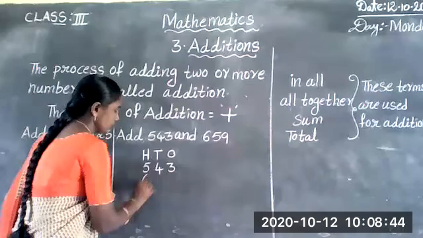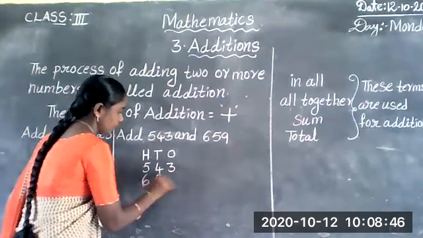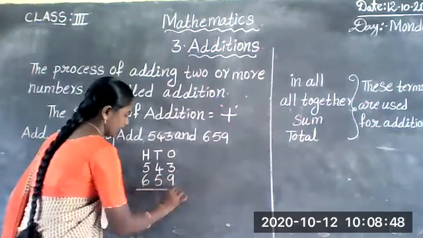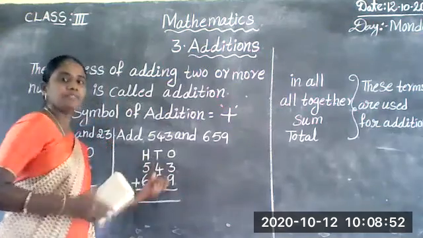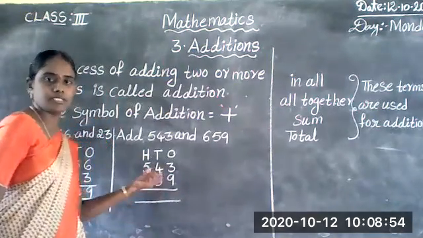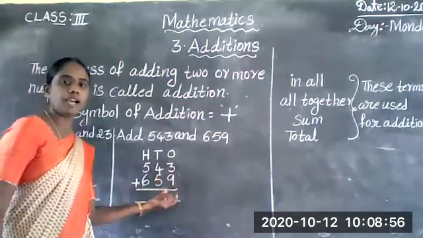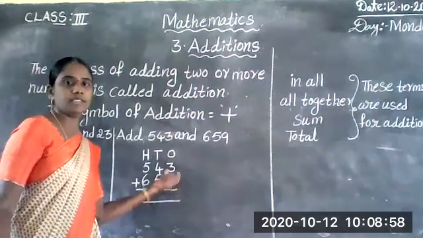Let us add. First, we add the ones place digits. In the ones place, the digits are 3 and 9.